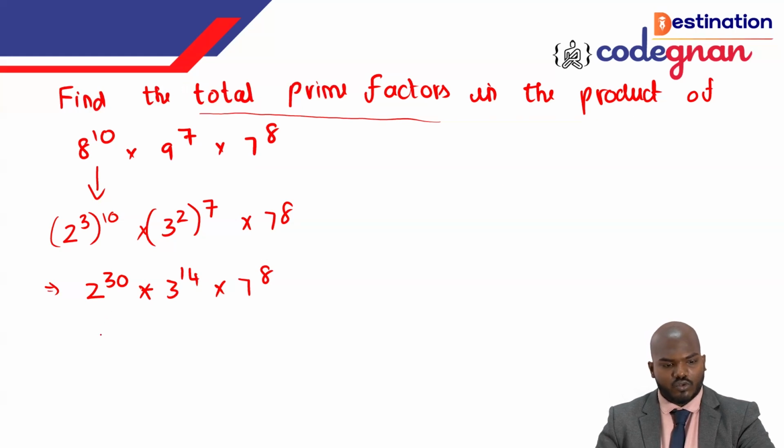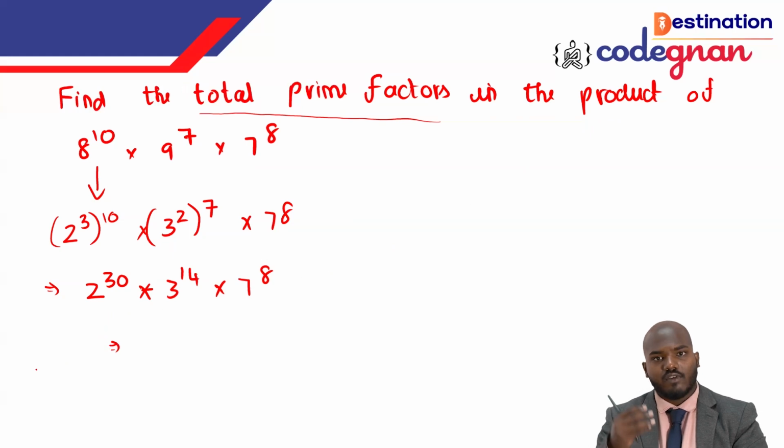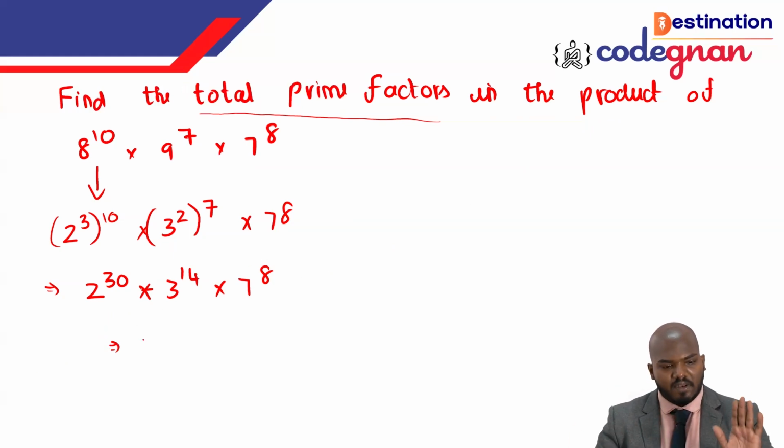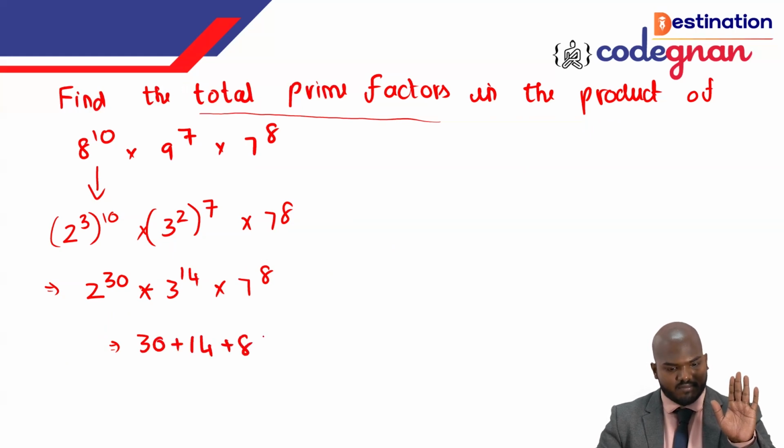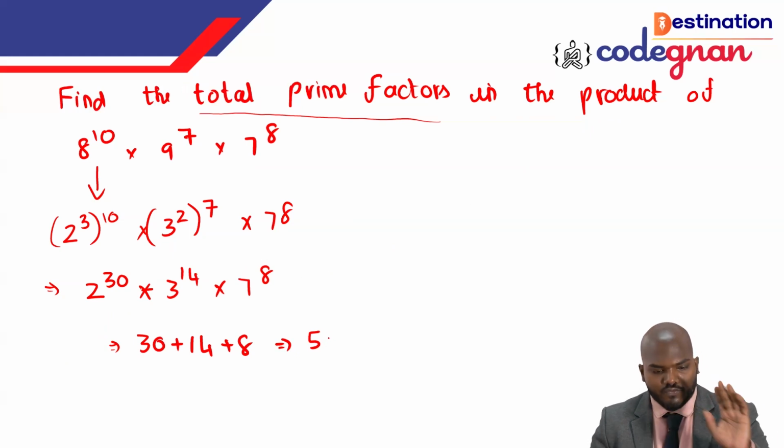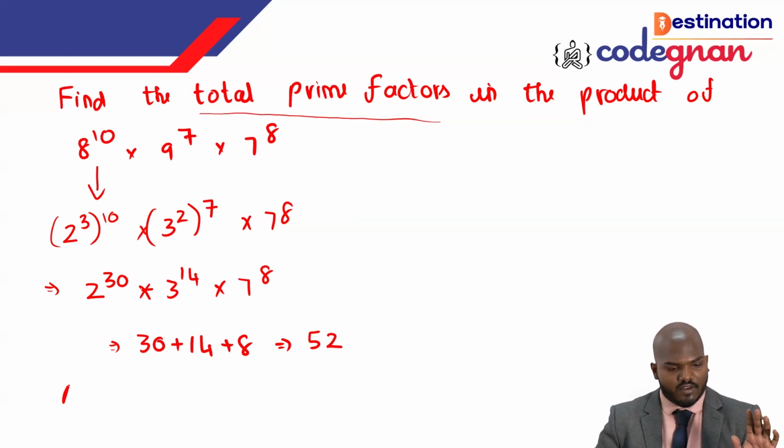So we have 2 thirty times, 3 fourteen times, 7 eight times here. I'm simply making the addition: 30 plus 14 plus 8. That gives 44 plus 8, we get 52. So the answer we get here is 52.